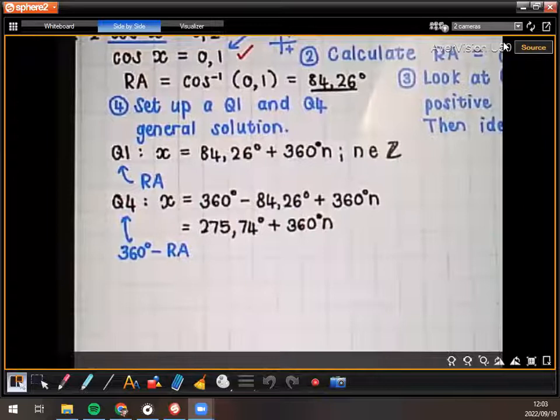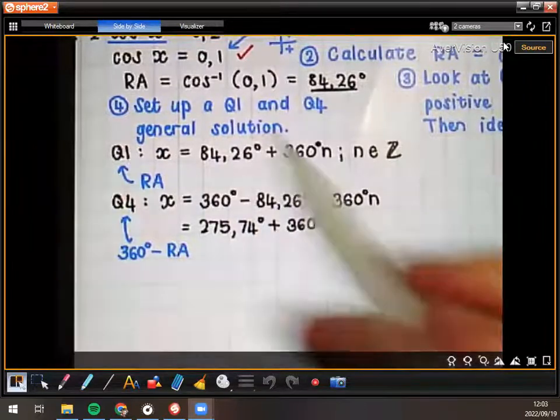Quadrant 3 is going to be 180 plus. So guys, once you have your reference angle and you determine which quadrants you're working with, then for those quadrants, you just use the reduction formula that we've done so far. We are going to do some more examples. And guys, that's then your final answer.